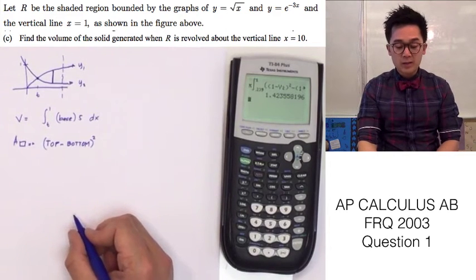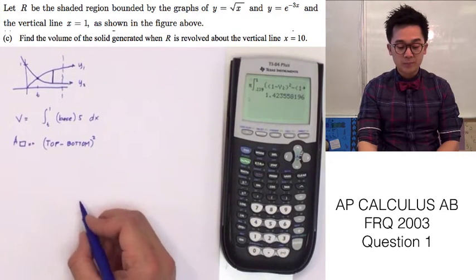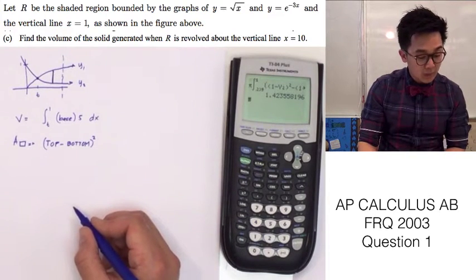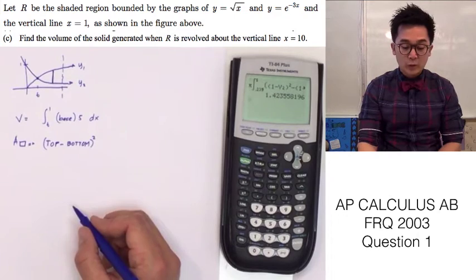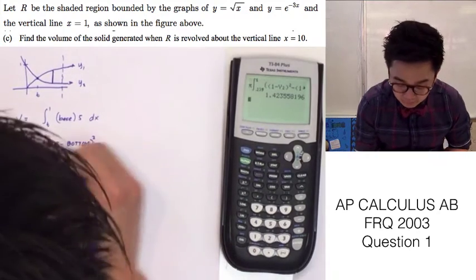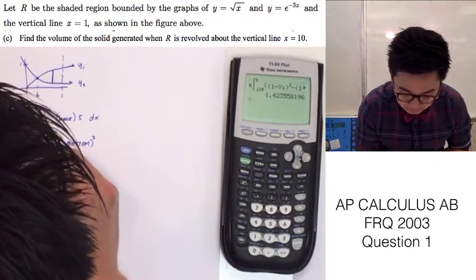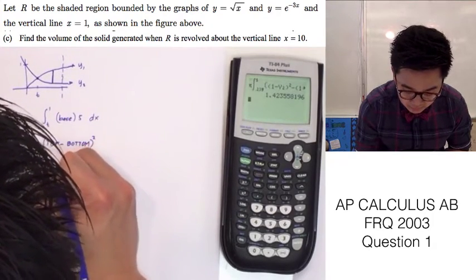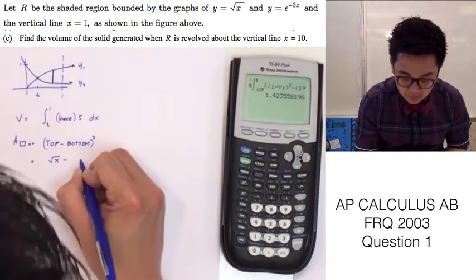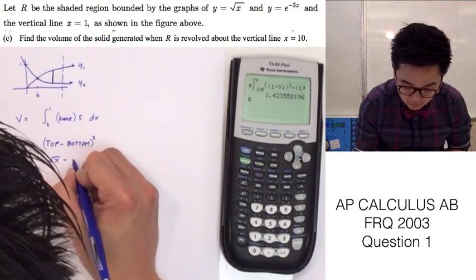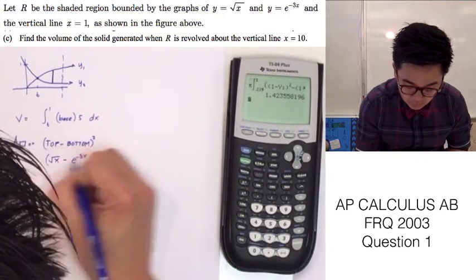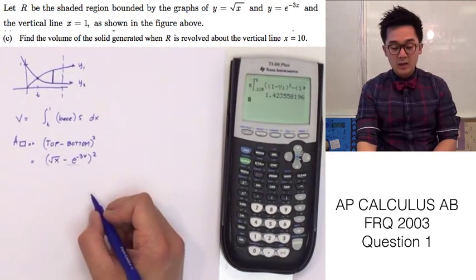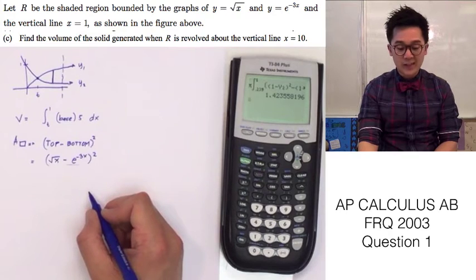So this will be the area of the rectangular cross section that we're using in this problem. So the top function is y sub 1, which is square root of x, minus the bottom function, which is e to the negative 3x. And we're going to square it because this is representing the cross section of a rectangle.